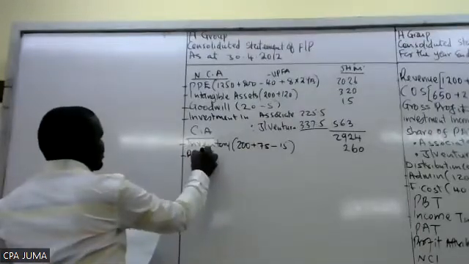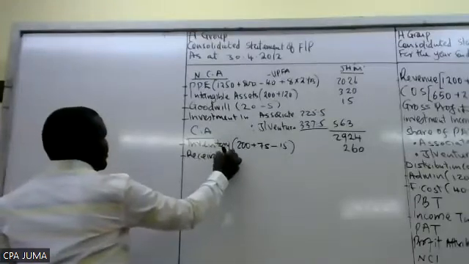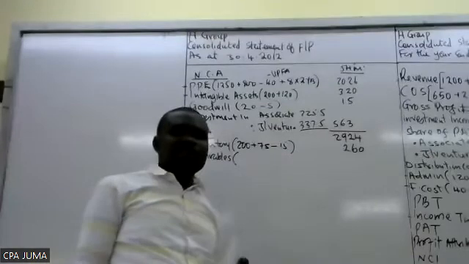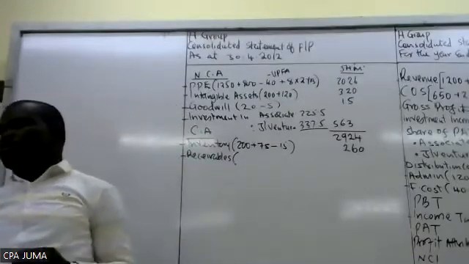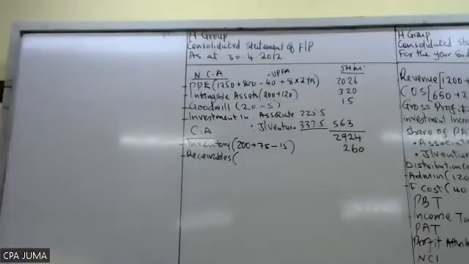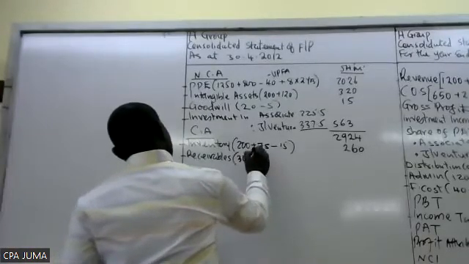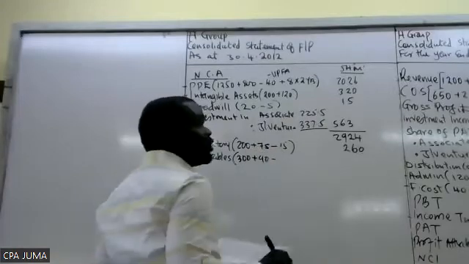Receivables. We add 300 plus 90 minus intergroup debts.